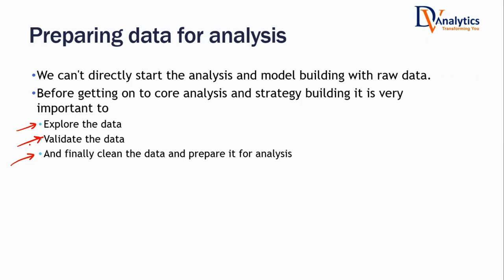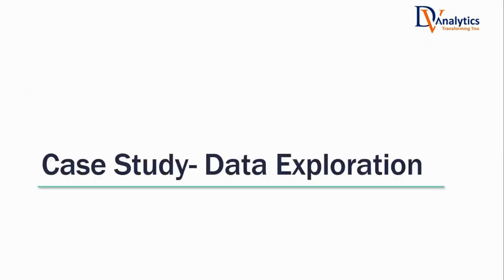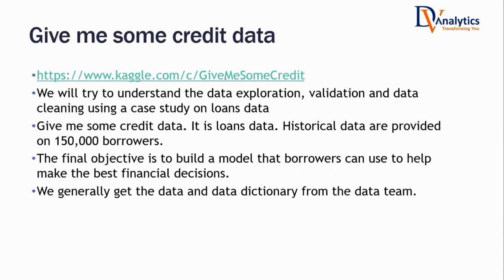We're going to do all this learning using a case study. There's a data set called Give Me Some Credit data. This is a data set that is used for building a credit risk model. To build that model, we have got the data. Before building the model, we would like to explore, validate and clean the data before we go on to the final analysis.